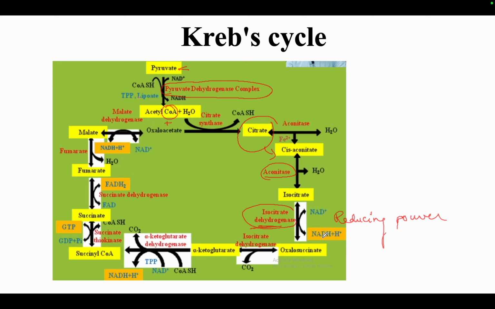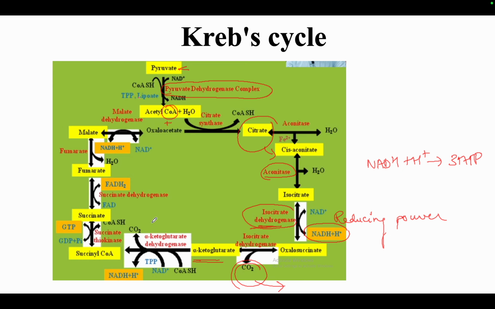This reducing power is also an energy currency, as we know, because one NADH molecule will give us 3 ATPs. So this is kind of an energy currency for us. Then oxalosuccinate is converted to alpha ketoglutarate, and we have a loss of CO2. This loss of CO2 will be taken care of by other reactions.